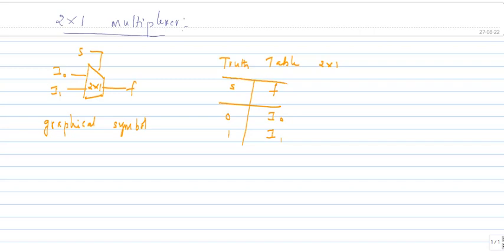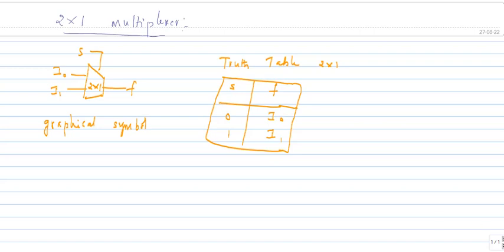So this is the truth table for the 2 by 1 multiplexer.